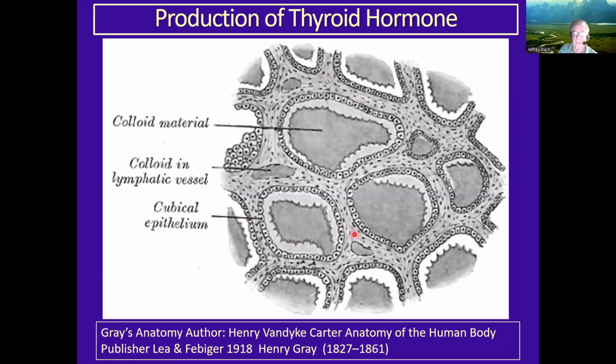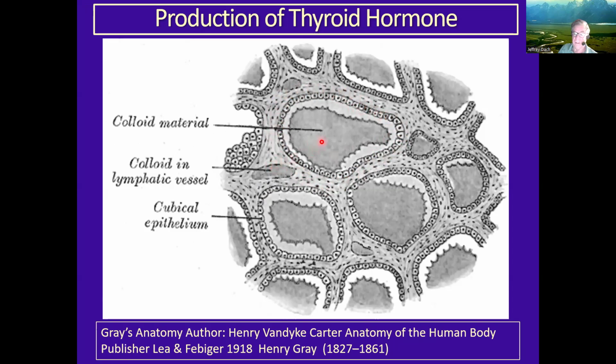Let's take a look at some images. This is a drawing of the microscopic image of the thyroid, showing the follicle, which is the basic microscopic unit of the thyroid. The thyroid gland is basically a large collection of these small bags, which are lined by thyrocyte cells. These are the cells that do all the work.